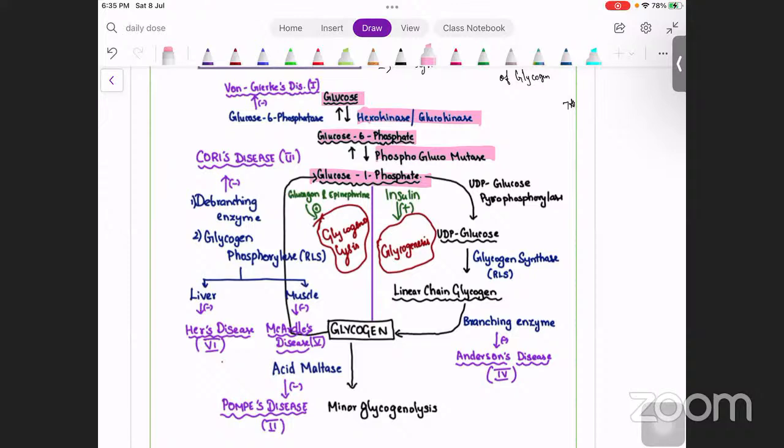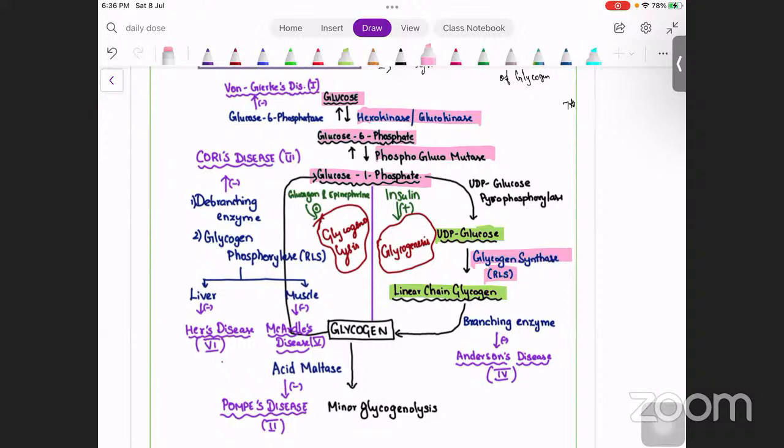Then glucose 1-phosphate will be converted into UDP glucose, and UDP glucose to linear chain glycogen, mediated by glycogen synthase, which is the rate limiting step of glycogen synthesis or glycogenesis.